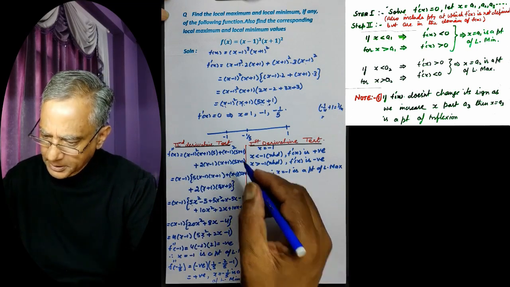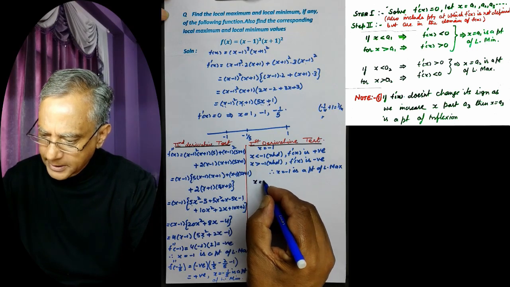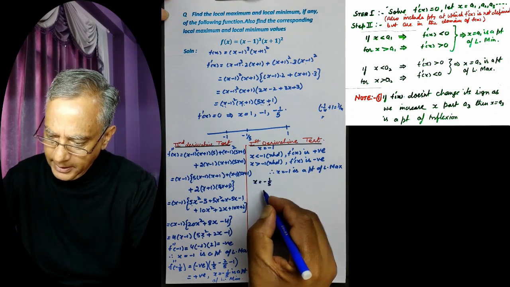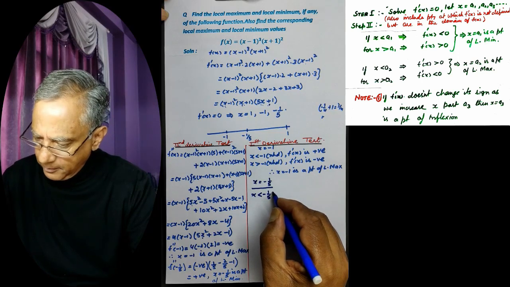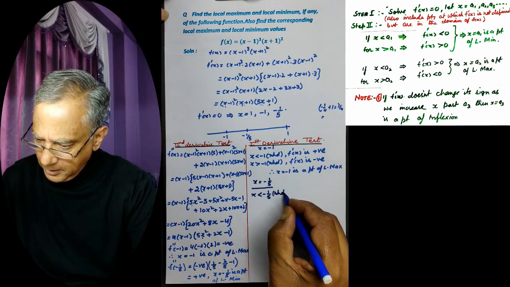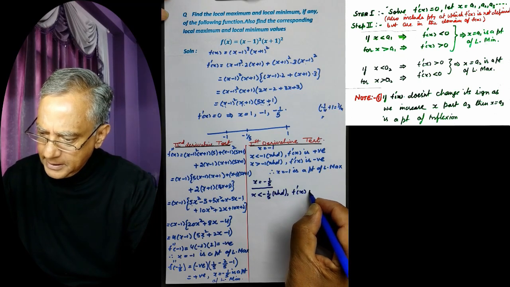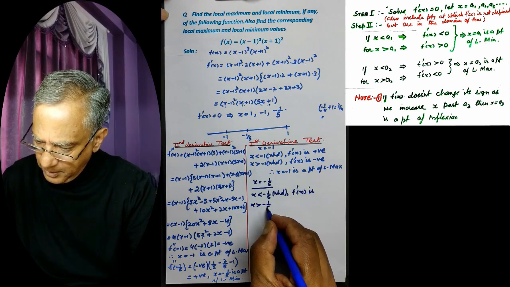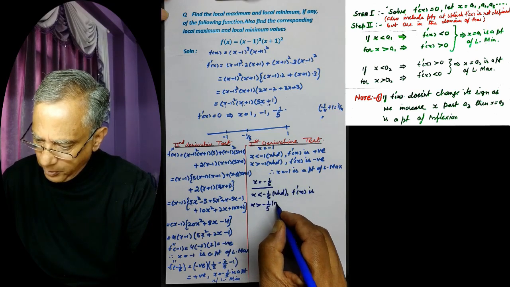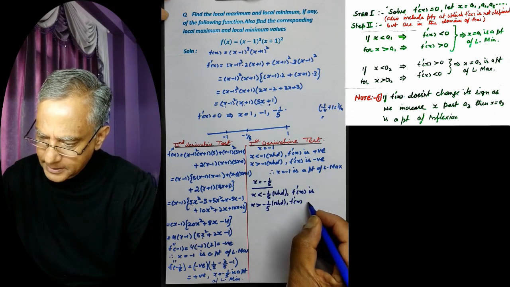Now we take up the second point, that is x equal to minus 1 by 5. Therefore, for x less than minus 1 by 5, in a neighborhood of this point, we shall find the sign of f dash x. And for x greater than minus 1 by 5, we shall again find the sign of f dash x.